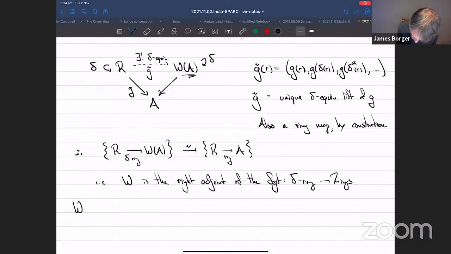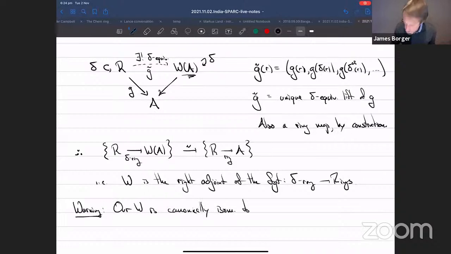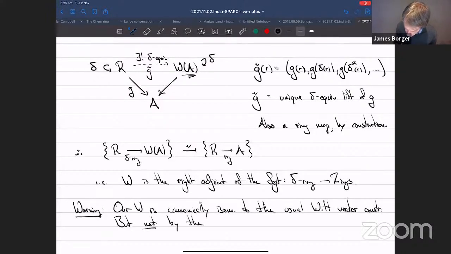Okay, the last thing I want to say is a warning. So our W is canonically isomorphic to the usual Witt vector construction that you'll read about in the books, for instance, Serre's Local Fields book or Bourbaki, but not by the identity map.